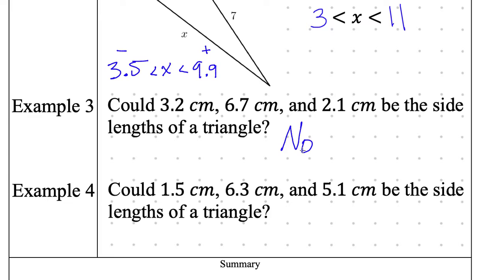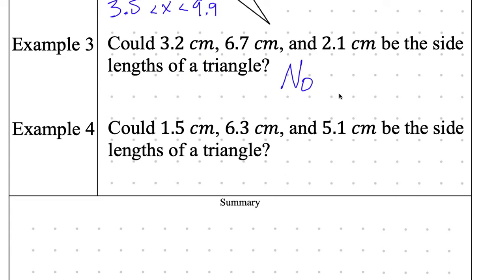Let's try it again. You guys do this by yourselves. Subtract two sides, add the same two sides to get a range, and then check that third side that you ignored. See if it's in that range. Andres. I picked 1.5 and 6.3.